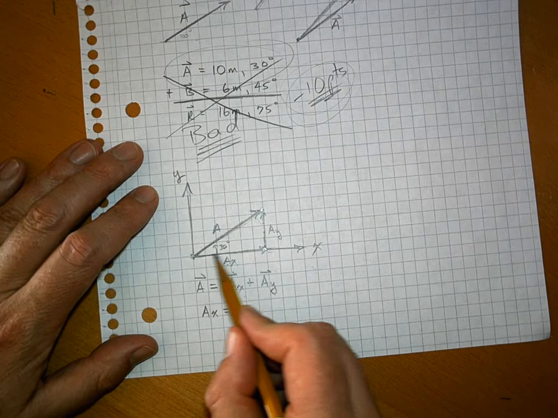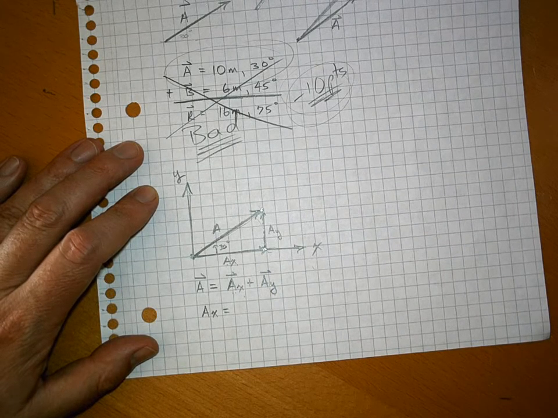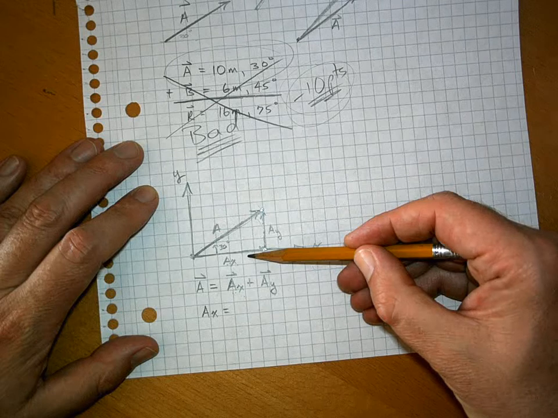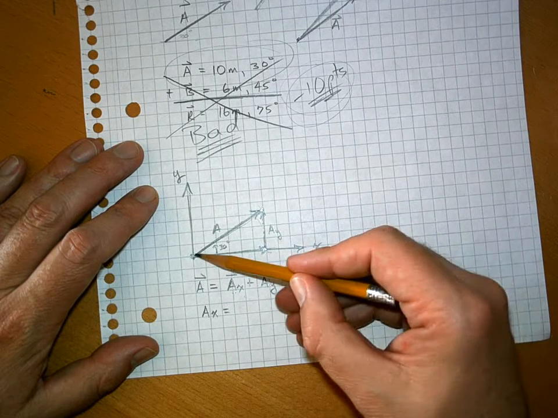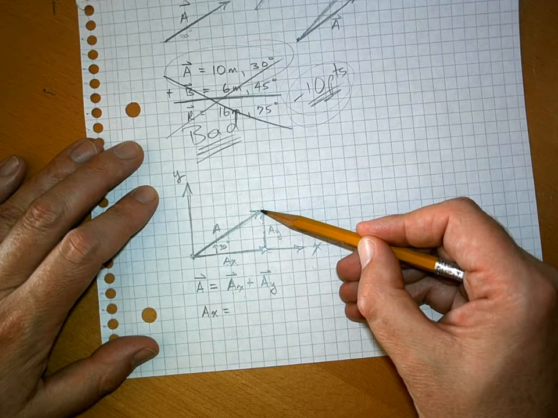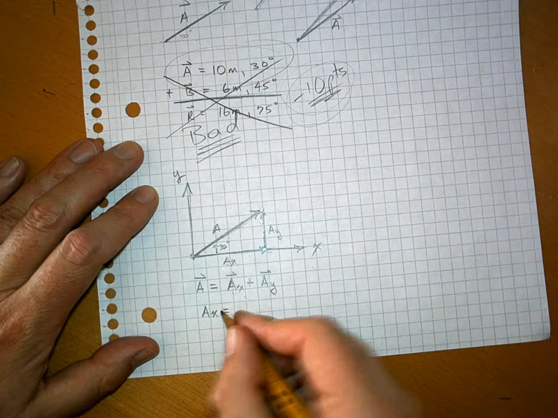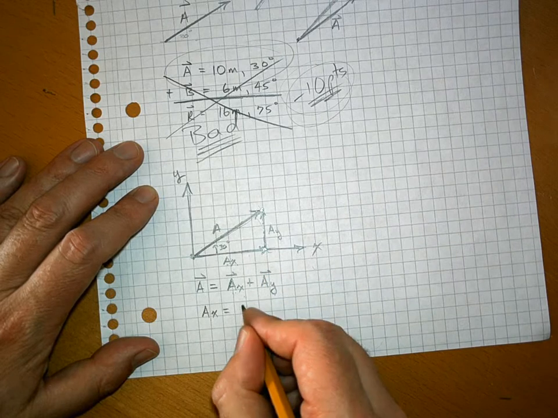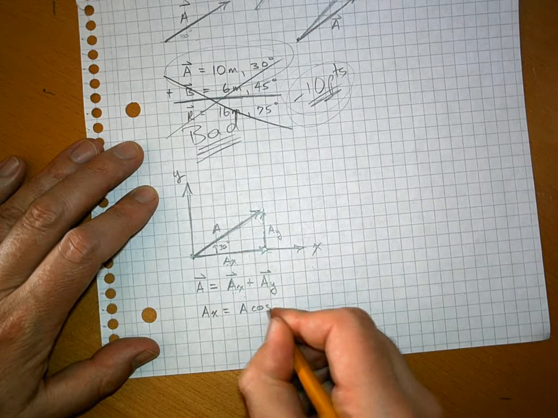This is the adjacent leg of a right triangle. Remember that cosine of an angle is defined to be A_x over A, the adjacent leg divided by the hypotenuse. Multiply both sides by the hypotenuse, and what we get is that the X component is just the magnitude of A times the cosine of its angle.